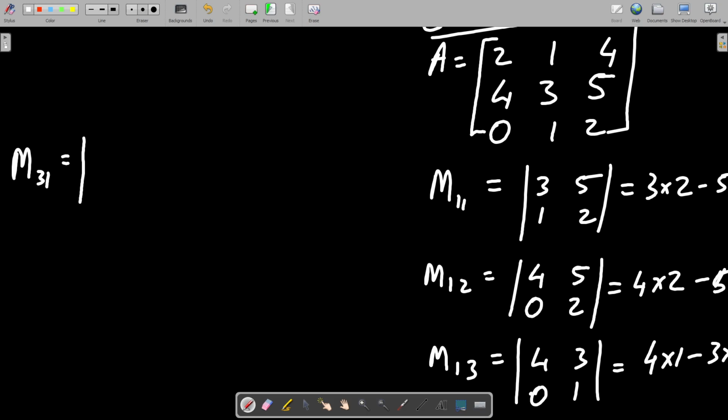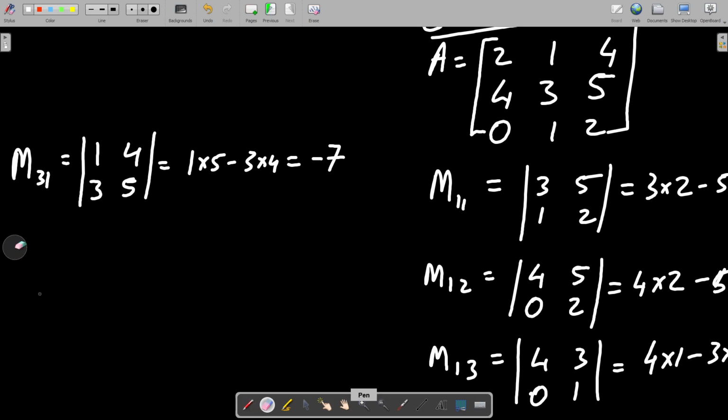So M31. 1 into 5 minus 3 into 4, that is going to leave me with minus 7, right? So here I'll delete the third row and second column.